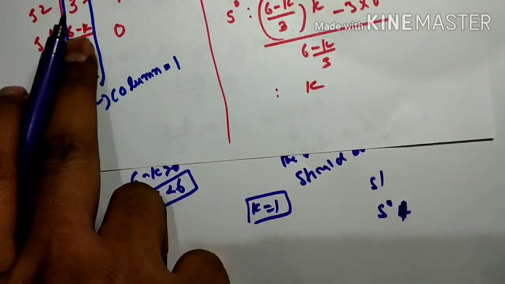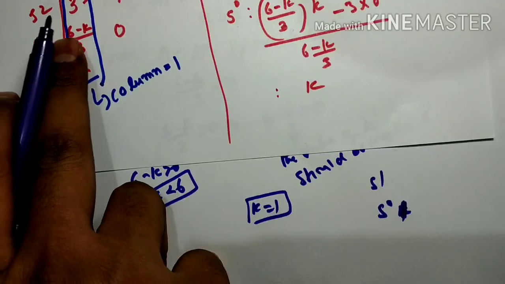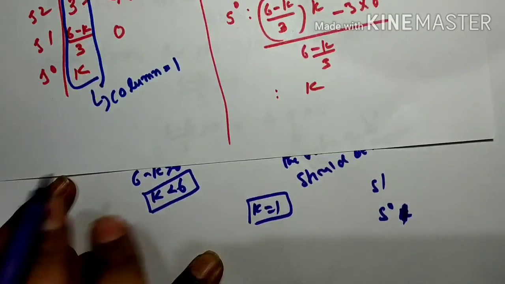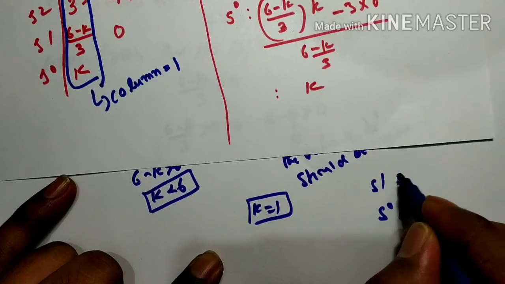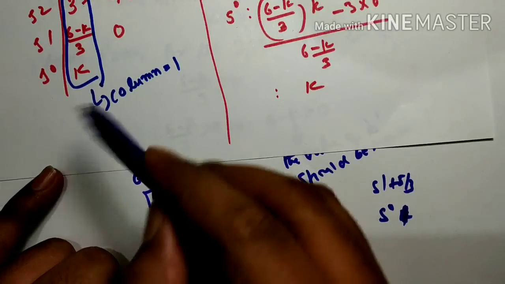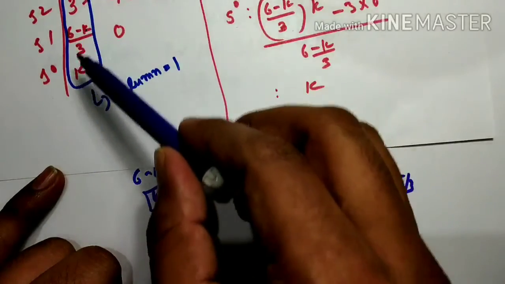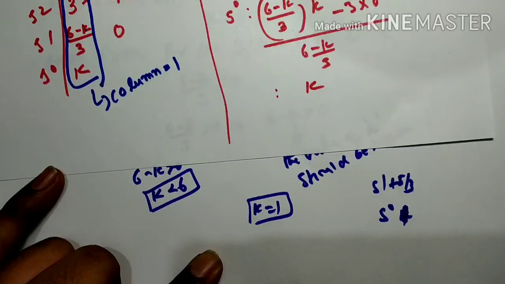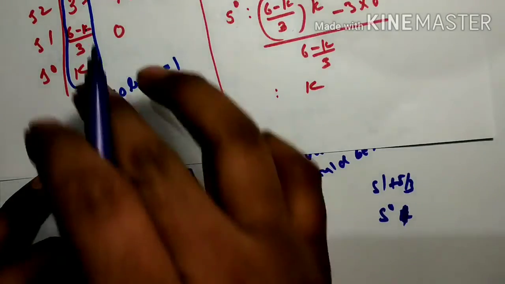If we substitute k equal to 1, 6 minus 1 gives 5 by 3, a positive value. So the system is stable. If we substitute k equal to 2, we get a positive value.